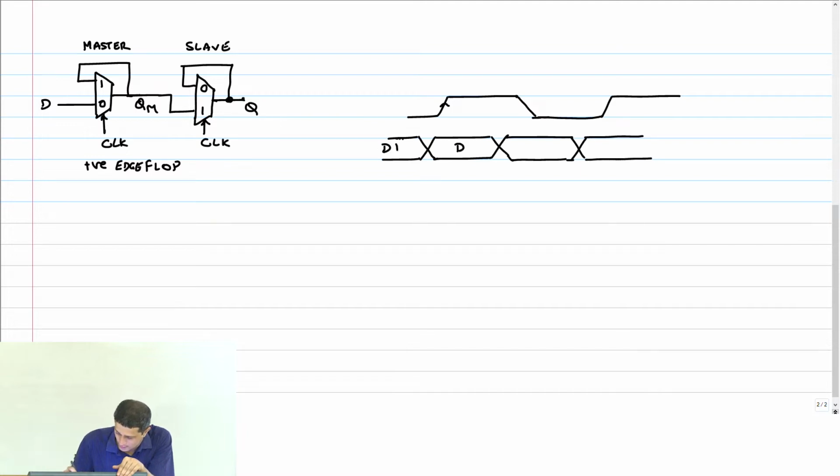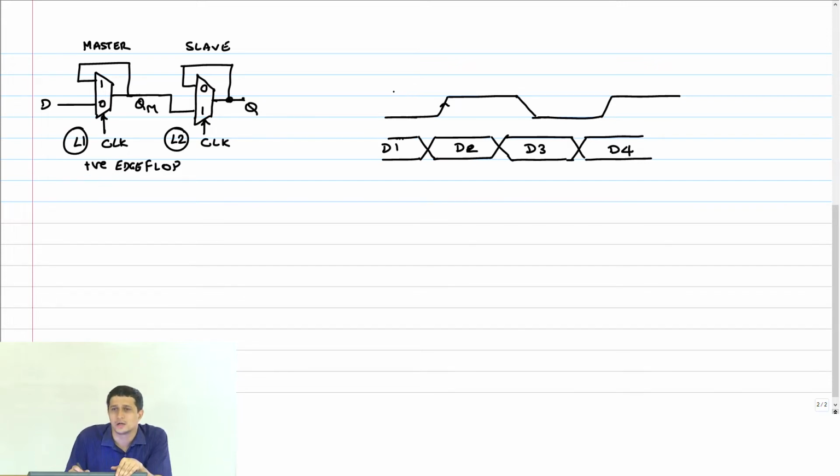So this is D1, D2, D3, D4. So now what happens when the clock is 0 here? Let me call these latches L1 and L2. Latch L1 and latch L2.